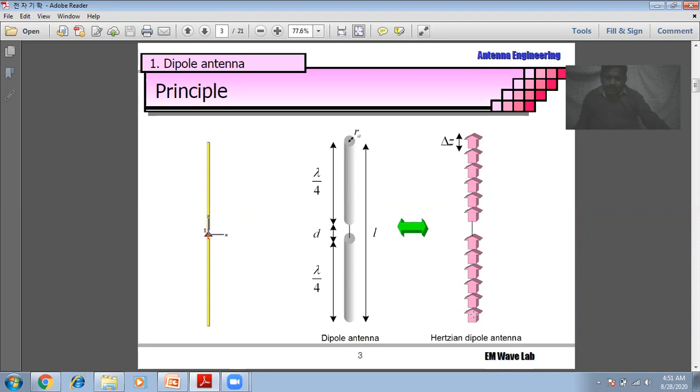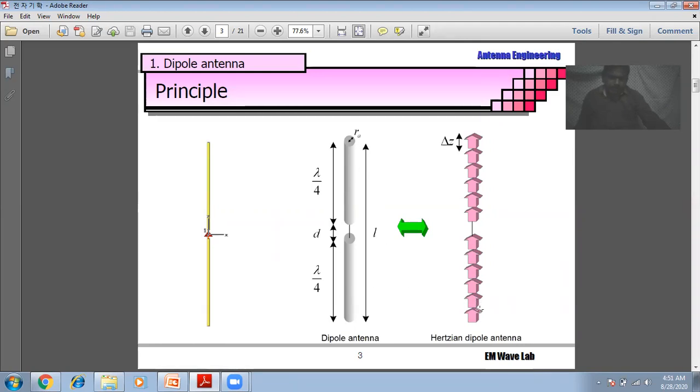It is of very small length, of the order of less than lambda by 10. In this way, these Hertzian dipoles are connected end to end, and they form the antenna like this.